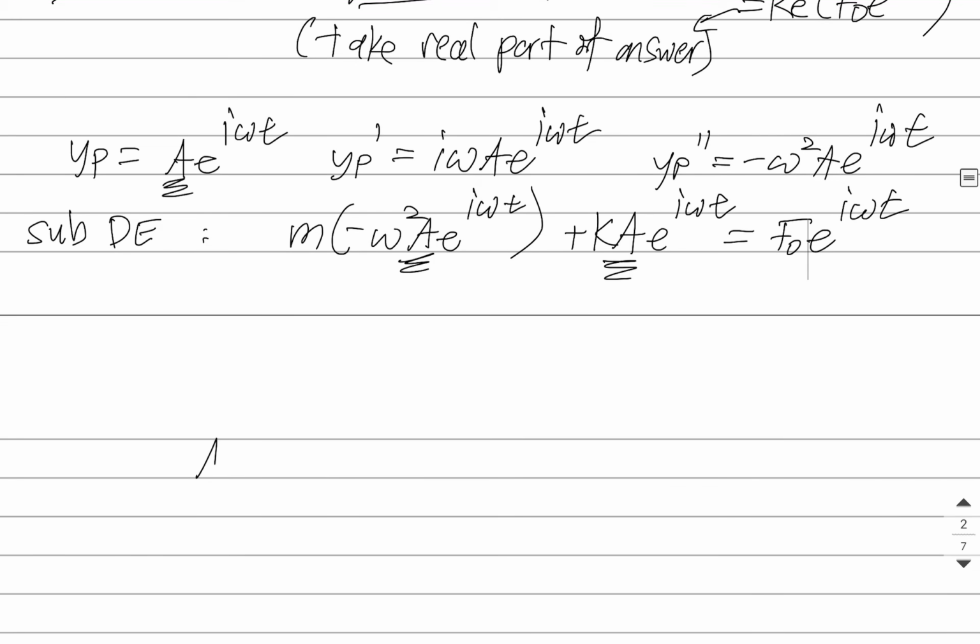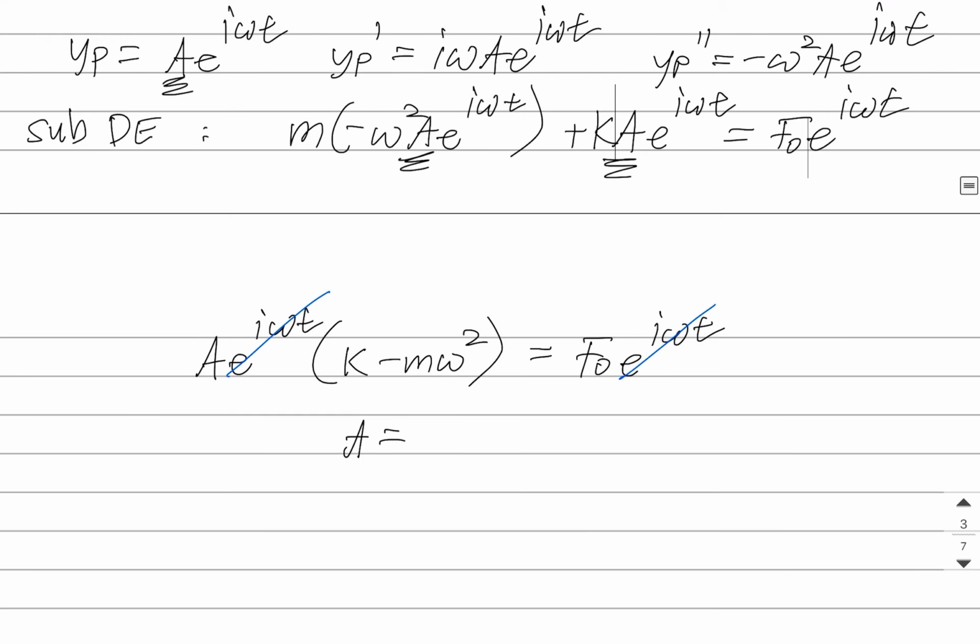So we can reorganize everything. We'll have an a e to the i omega t, k minus m omega squared equals f naught e to the i omega t. So these e to the i omega t's can just cancel out. You should be able to find that a is f naught over k minus m omega squared.